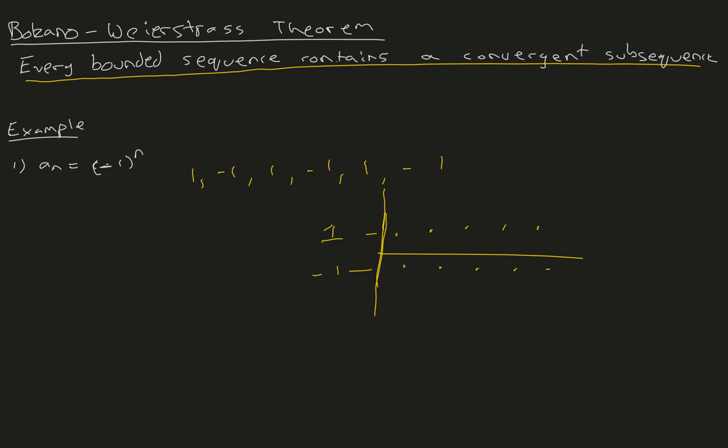We notice that this sequence is bounded between 1 and -1. The Bolzano-Weierstrass theorem says that every bounded sequence contains a convergent subsequence, and that is true in this case also.